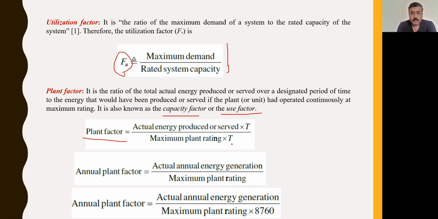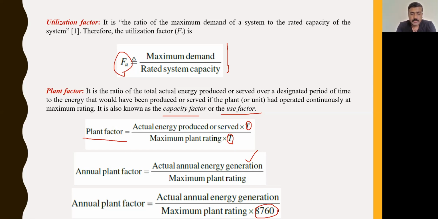So if it is multiplied with the time period for the same condition, the actual energy produced or served into the total duration of time can be considered as the actual energy generation over the maximum plant rating times time. If you are going for annual plant factor, then this time is expressed for the year, so this is the total number of days into number of hours in operation.